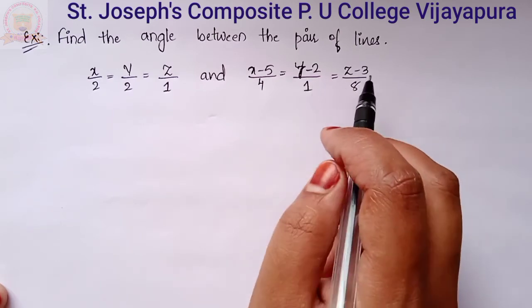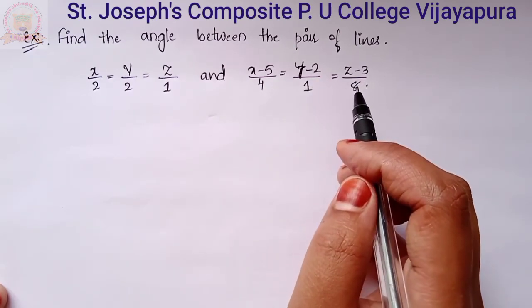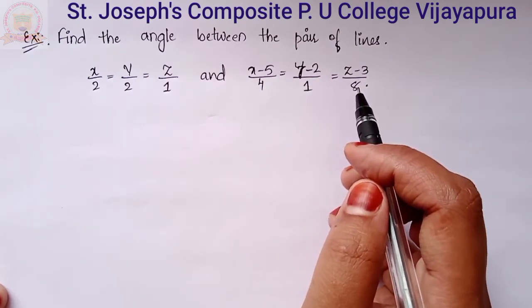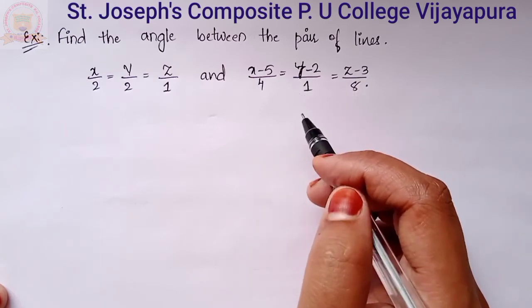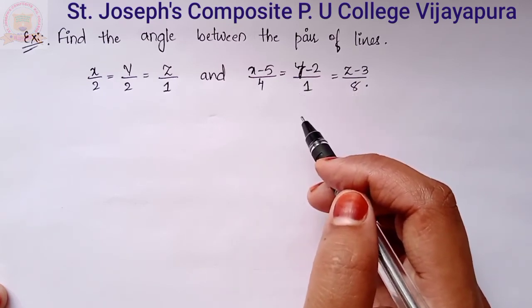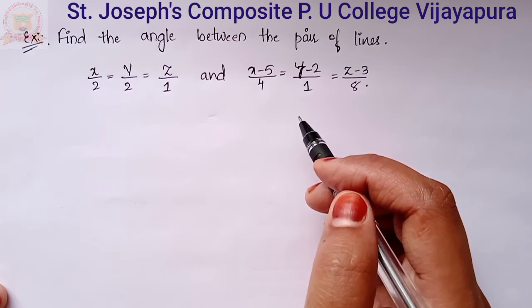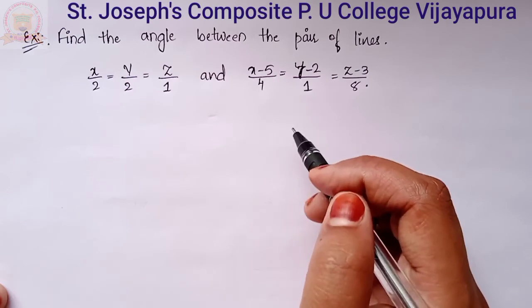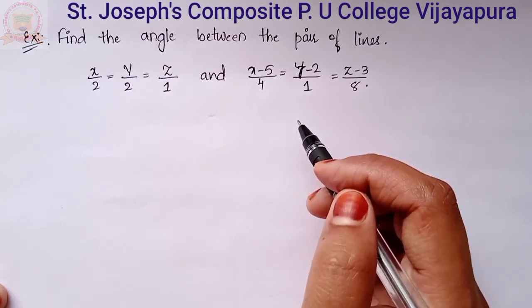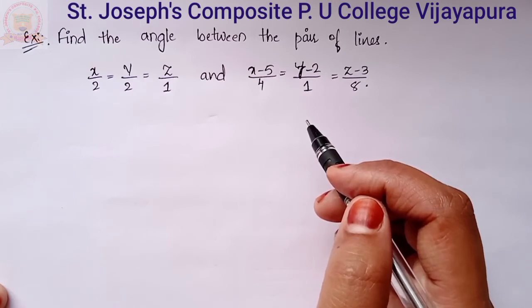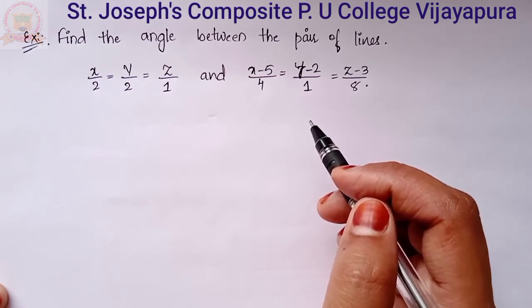Here the equations of the two lines are given in Cartesian form. Here we have to compare these two equations with the standard form of the equation of a line in Cartesian form.